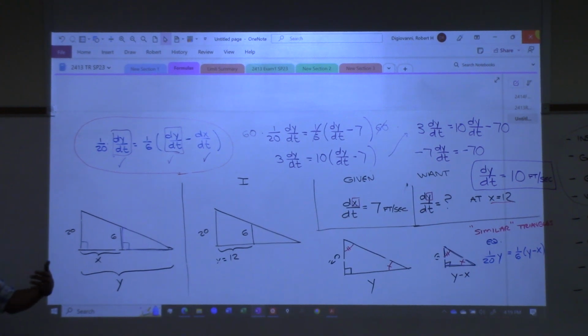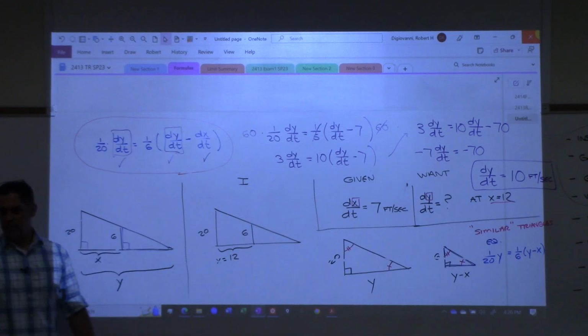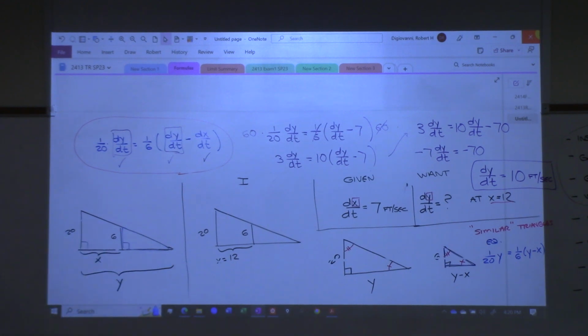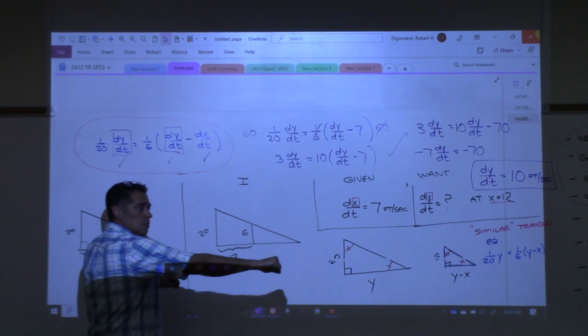So relative to him, it's moving away at 3 feet per second. But relative to the pole, it looks like the shadow's moving at 10 feet per second. So it's almost like you have two people racing, right? You have one person moving 7 feet per second next to a person that's moving 10 feet per second. And of course, one's going to take the lead. That's his shadow.